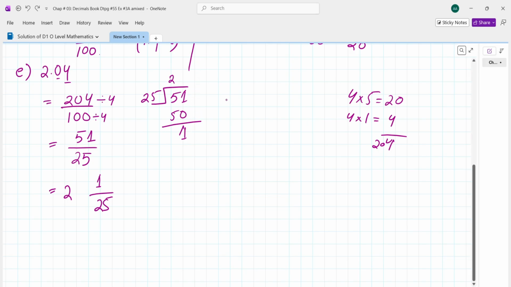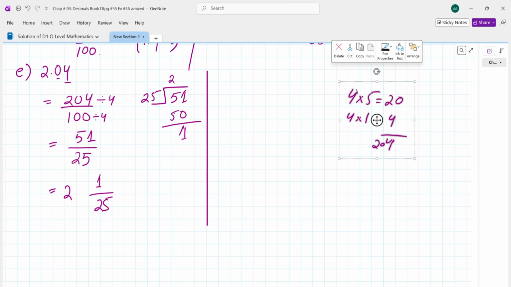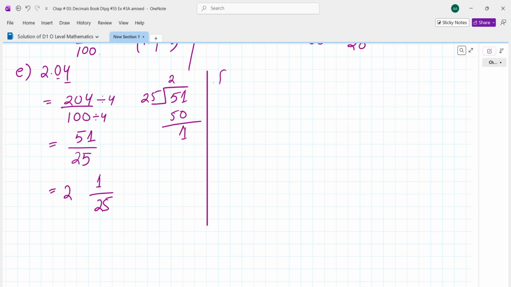Part F is 0.785. Now we note that there are three values after the decimal, so the number is over 1000. The value is 785 divided by 1000.